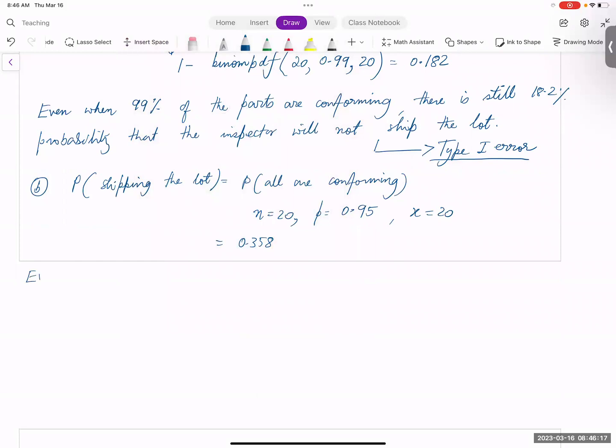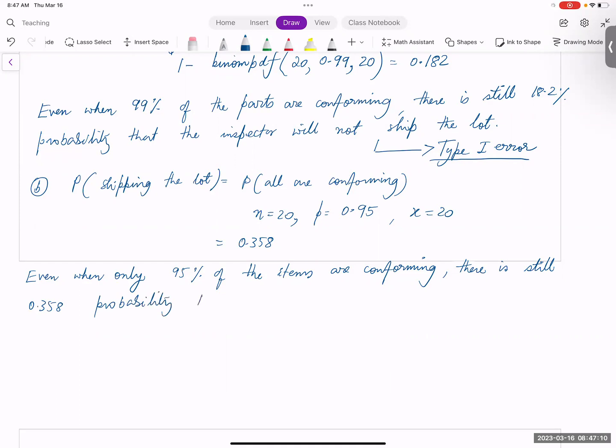Okay, and now I would like to again phrase this up just like I phrased the previous question. I would say, even when only 95% of the items are conforming, there is still 0.358 or 35.8% probability that the lot will be shipped.